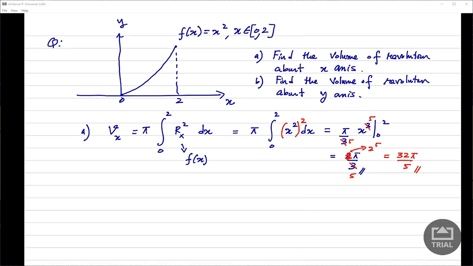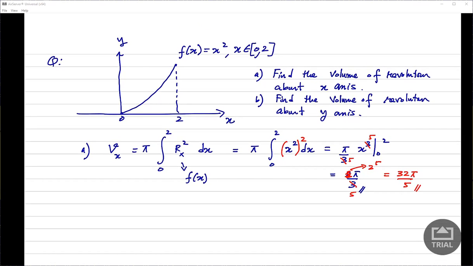Now, what about the B part? For the B part, find the volume of revolution about the y-axis. So in that case, it should go this way. Right. So now you are looking at this area.